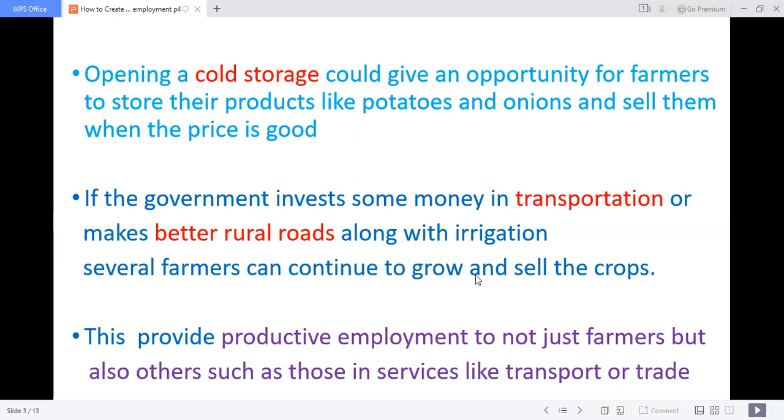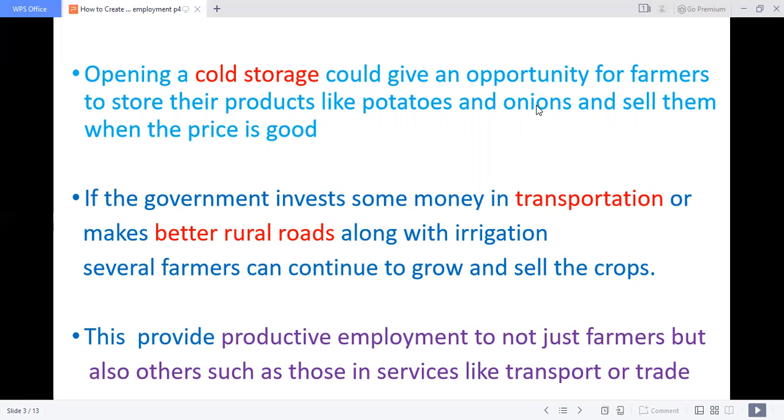These things are perishable. See, onion, sometimes on the road, they will be selling at 20 rupees per kg, 10 rupees per kg, 5 kgs for 100 rupees, 4 kgs for 100 rupees sometimes. Within 10 days, they will be telling that per kg is 100 rupees. Ten days before, they were selling 5 kgs for 100 rupees.